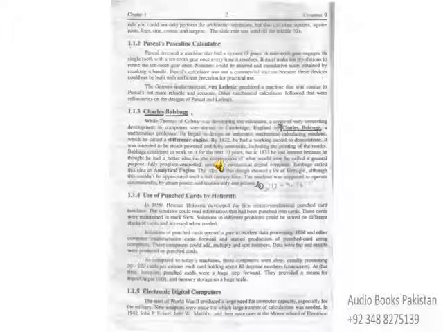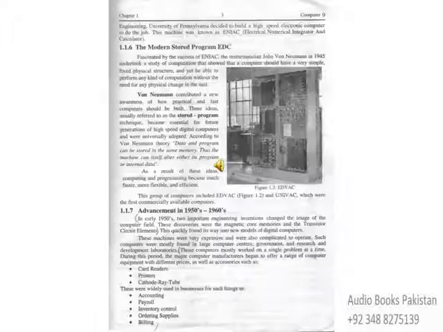In 1942, John P. Eckert, John W. Mauchly, and their associates at the Moore School of Electrical Engineering, University of Pennsylvania decided to build a high-speed electronic computer to do the job. This machine was known as ENIAC, Electrical Numerical Integrator and Calculator.